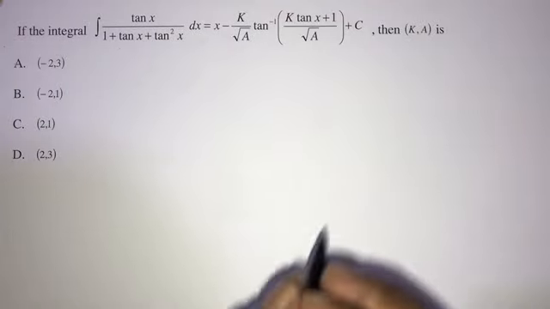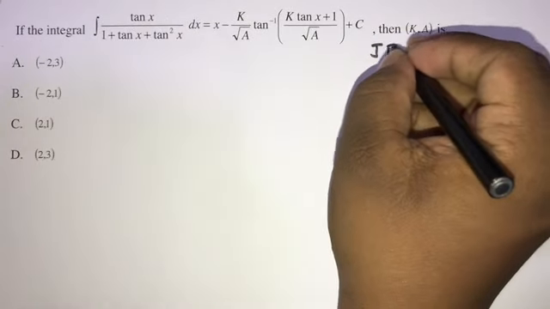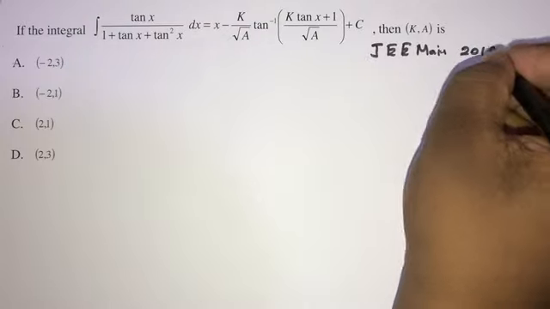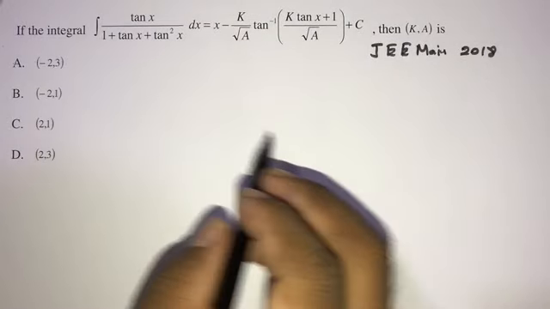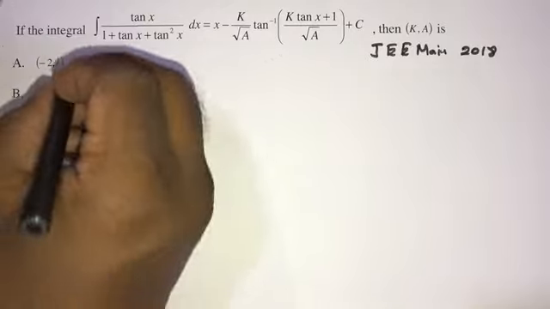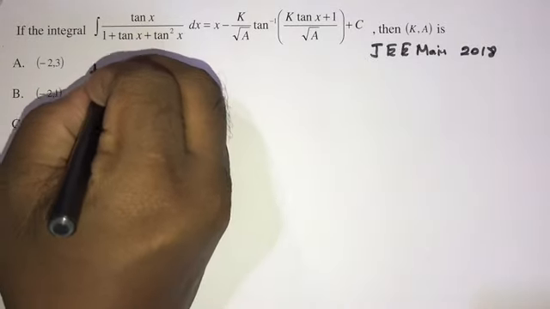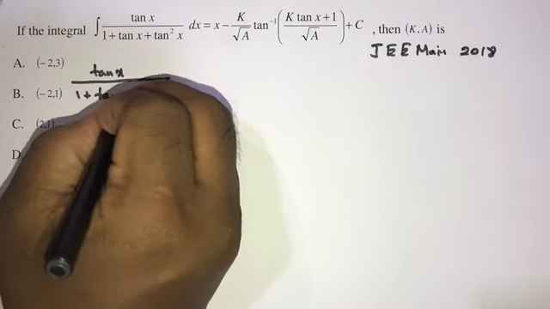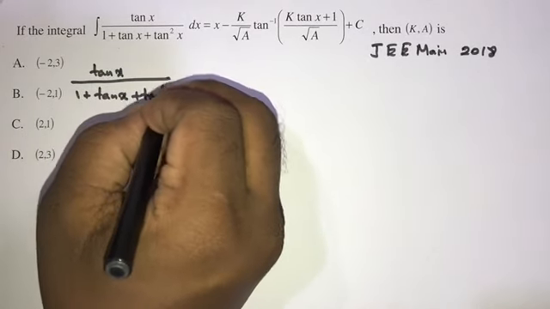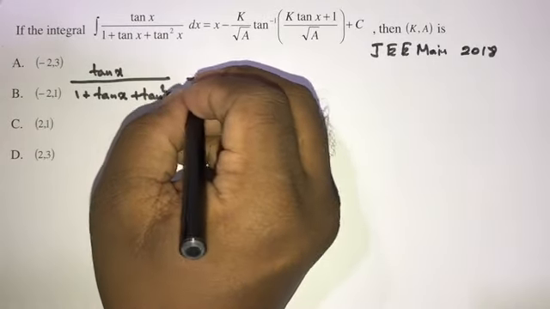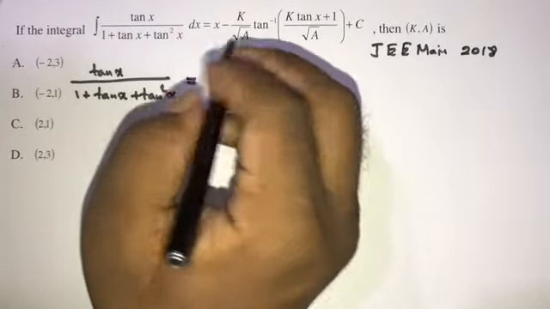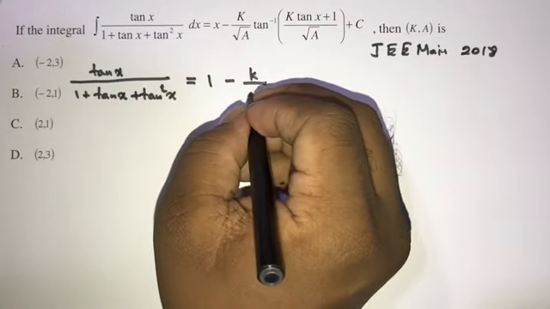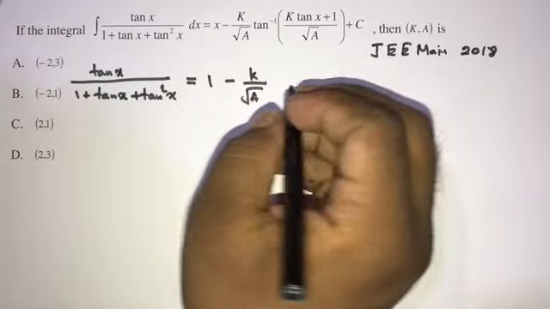Okay, next question. This is JEE Main 2018. Take the derivative of both sides. So here we have tan of x over 1 plus tan of x plus tan square of x. This is equal to the derivative of this side, so x of 1 minus k over the square root of a.